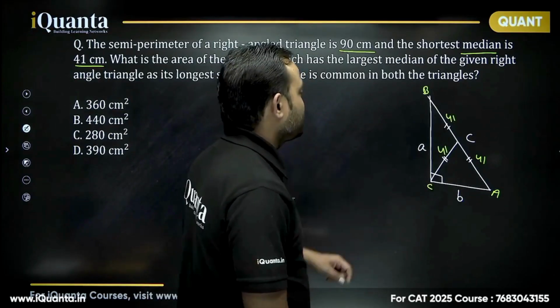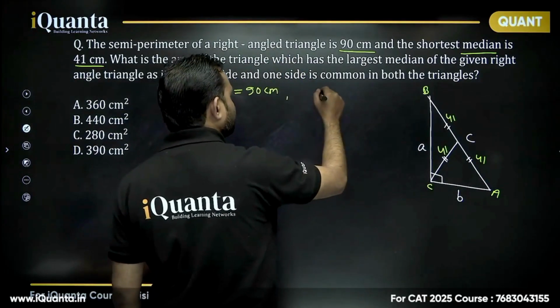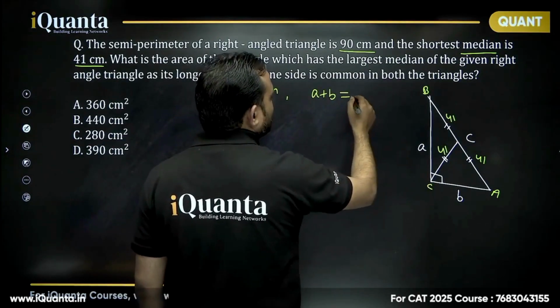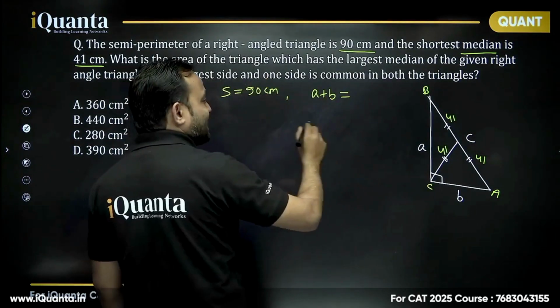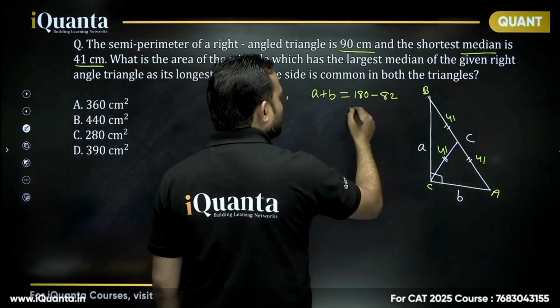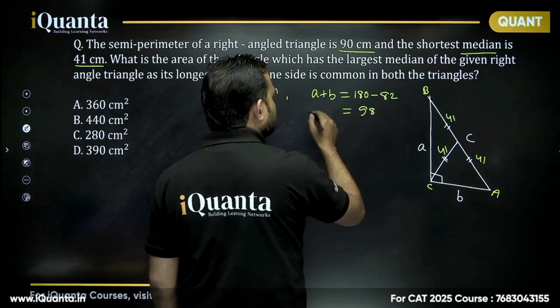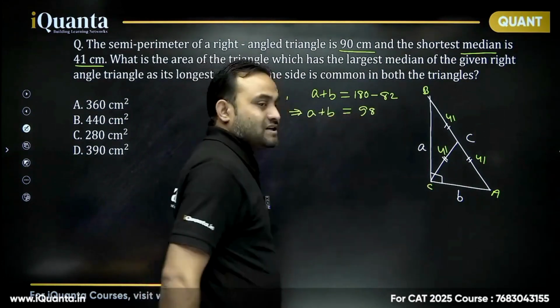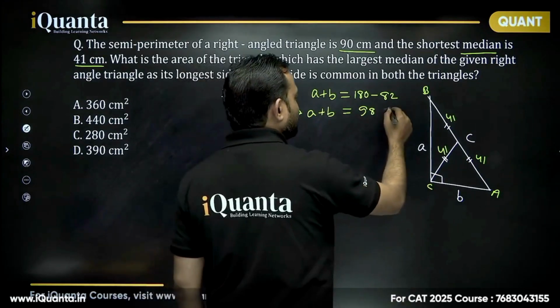Can we say A plus B will be equal to, semi-perimeter is 90, so perimeter will be 180 minus 82, which is equal to 98. So sum of these two sides is nothing but 98 centimeter.